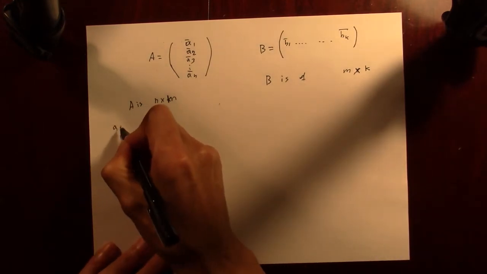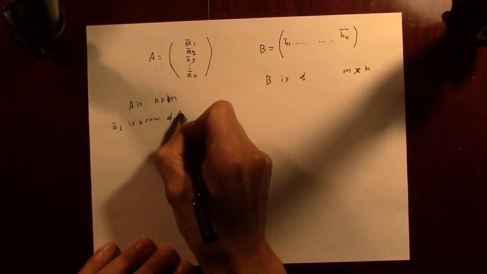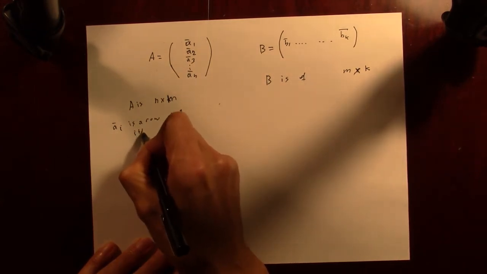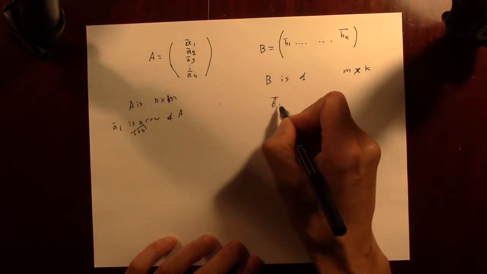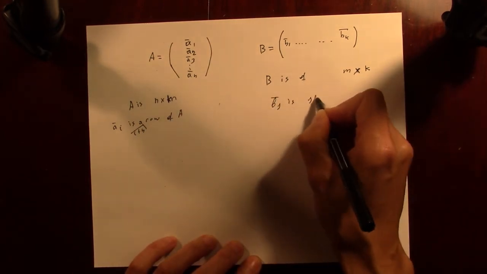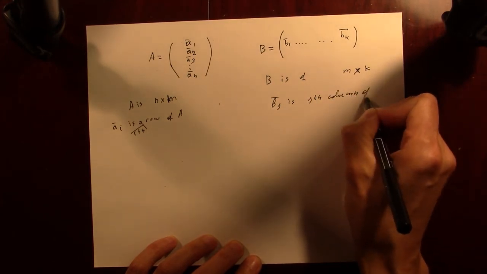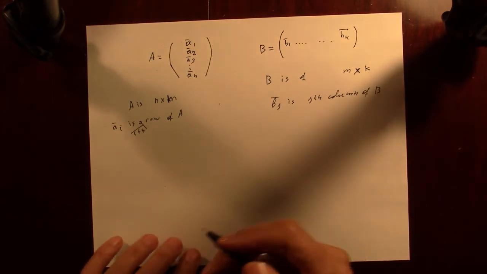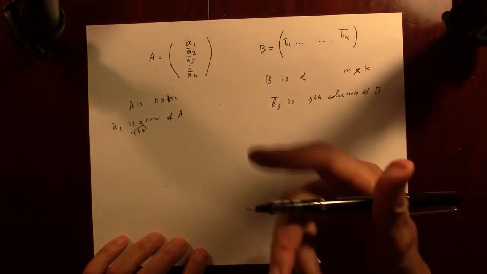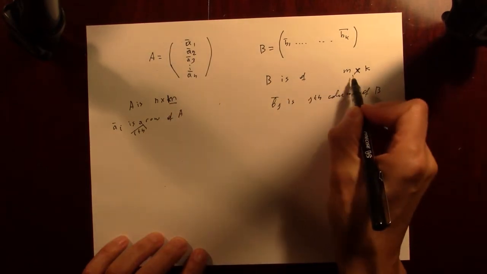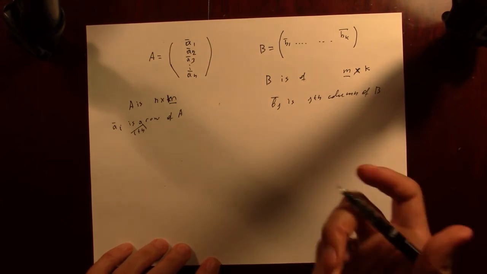So Ai is the ith row of A, Bj here is the jth column of B. Notice that Ai and Bj all have m entries, m-vectors.